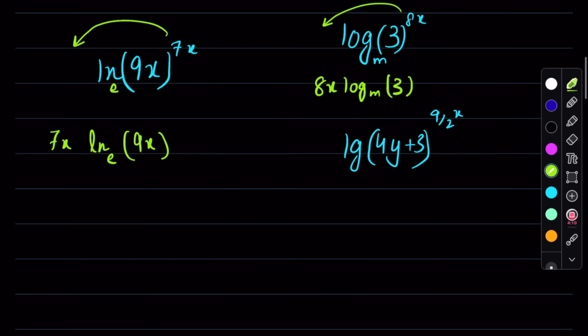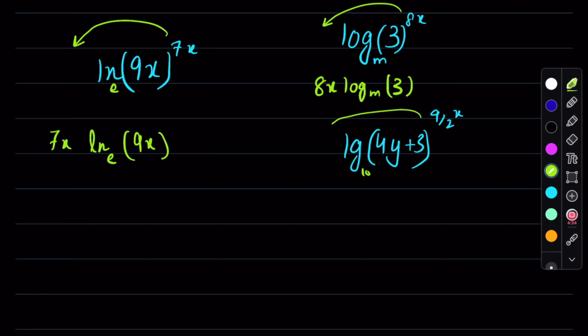Okay. Well, lg of 4y plus 3 whole to the power of 9 by 2x. lg means the base is 10. Our argument is 4y plus 3, and our power is on the whole term, which is 9 by 2x, and our whole term is 4y plus 3.